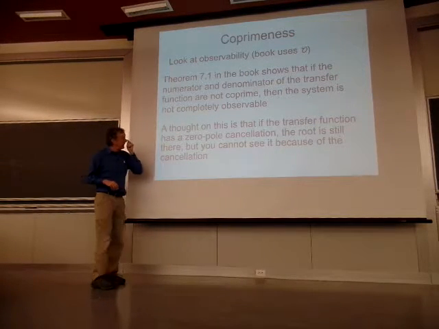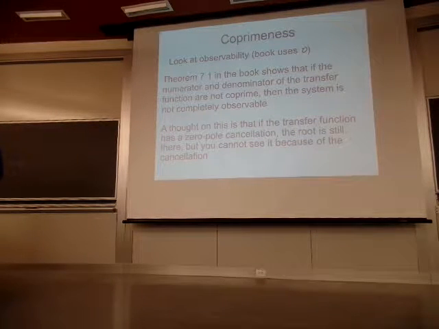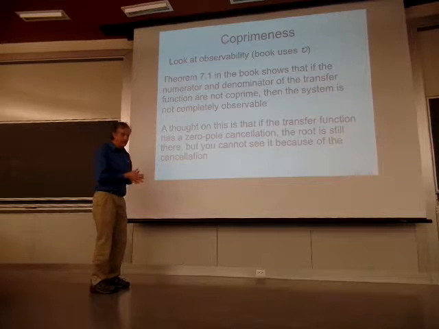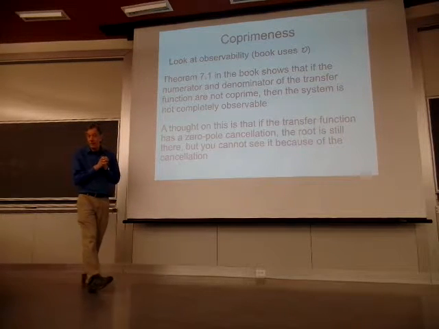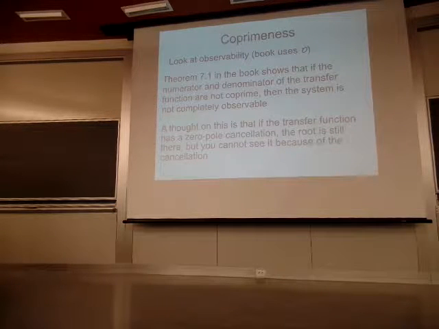One thing to note is that if we do have this pole-zero cancellation, the root's still there. I just can't see it because of the cancellation. That root of the system still exists, but I'm not able to see what's going on. Hopefully that root is stable and we're okay.